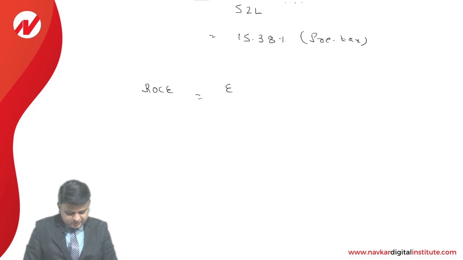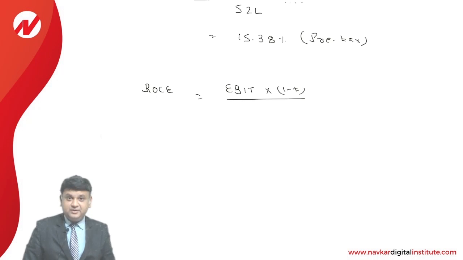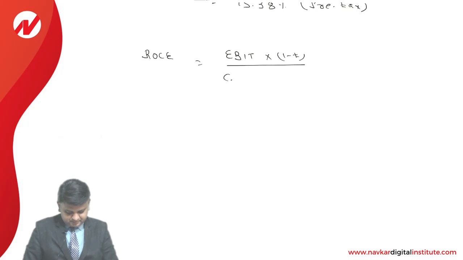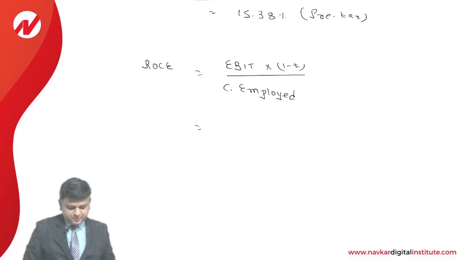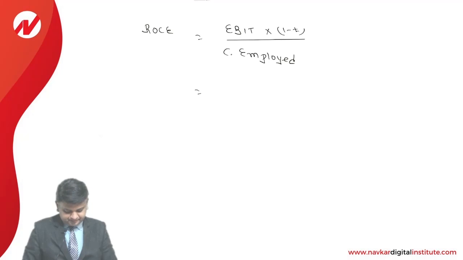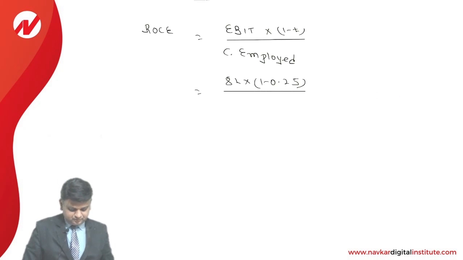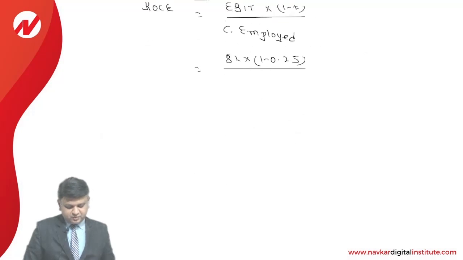It is earning before interest and taxes into 1 minus T, divided by capital employed. The amount of the operating income is 8 lakhs. Income tax rate is 25%. Divided by 52 lakhs into 100.